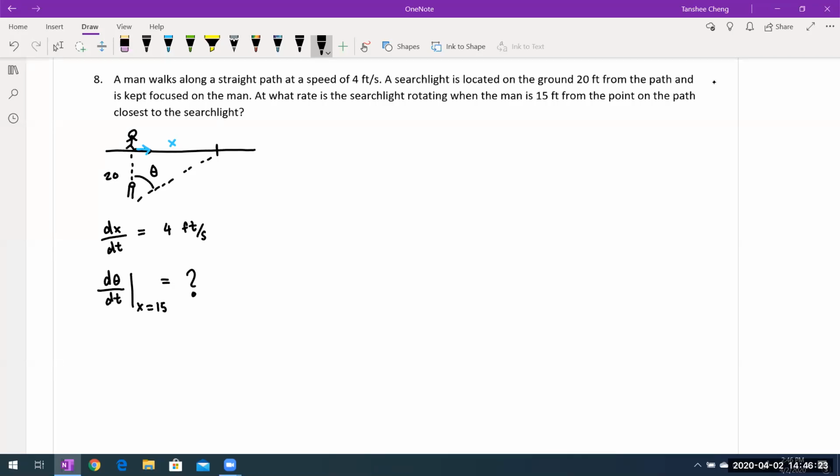Looking at this, we are talking about trigonometric functions again. Tangent theta is opposite over adjacent, which is x over 20, because we don't want to use sine or cosine. We don't know this hypotenuse, and we don't know the rate of change of this hypotenuse.